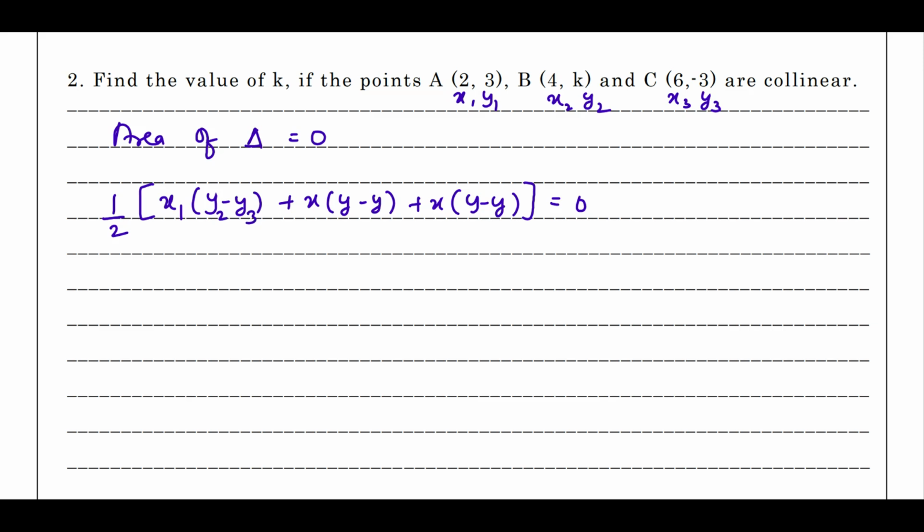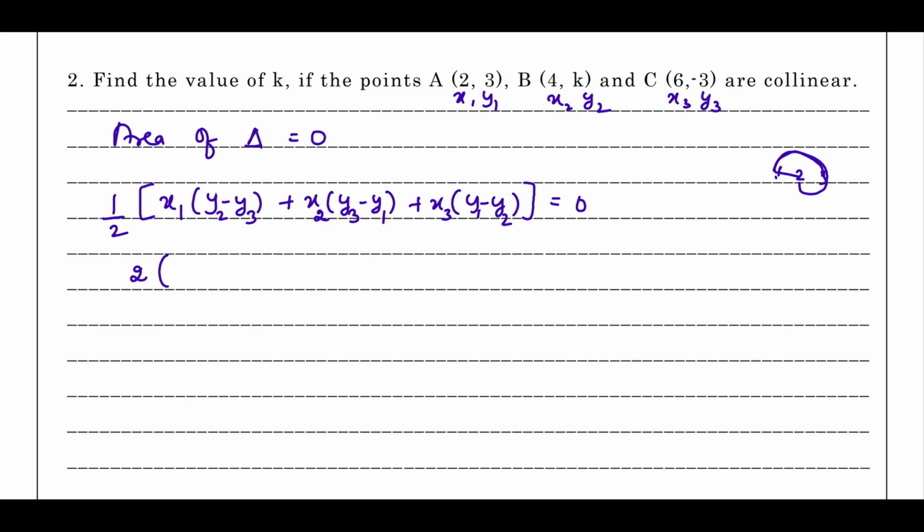I'll write 1, 2, 3. Next, after 1, we have 2. After 2 we have 3. After 3, 1. First write 1, 2, 3, then 2, 3, 1, then 3, 1, 2. Two into 0 becomes 0. Now what is the value of x1? x1 is 2.